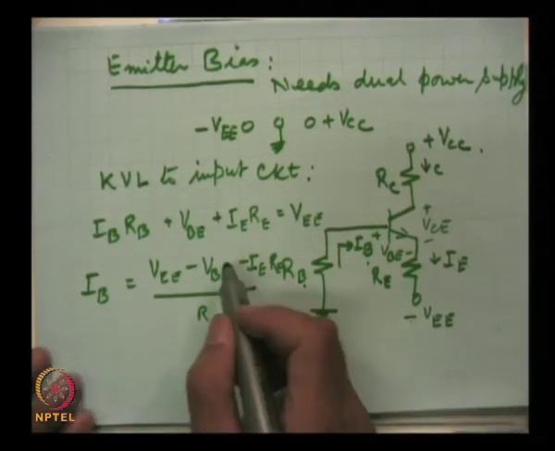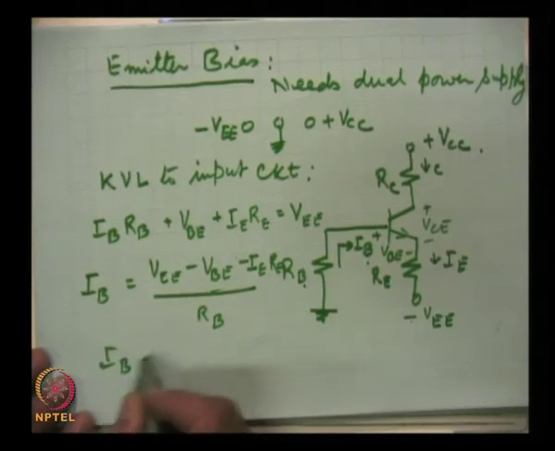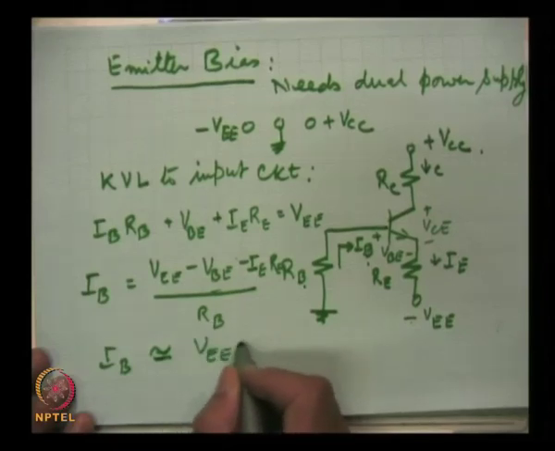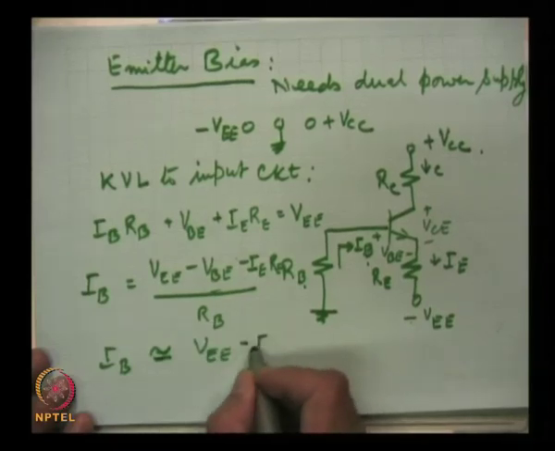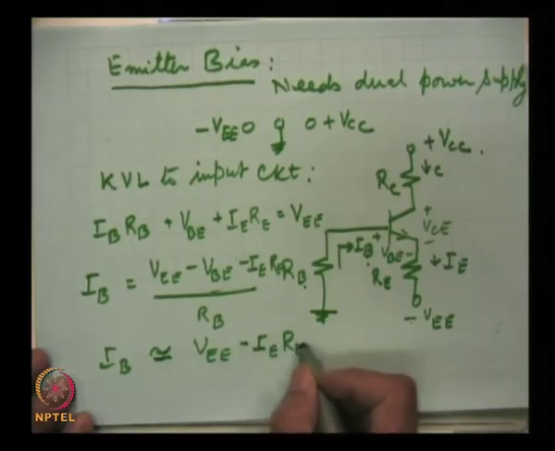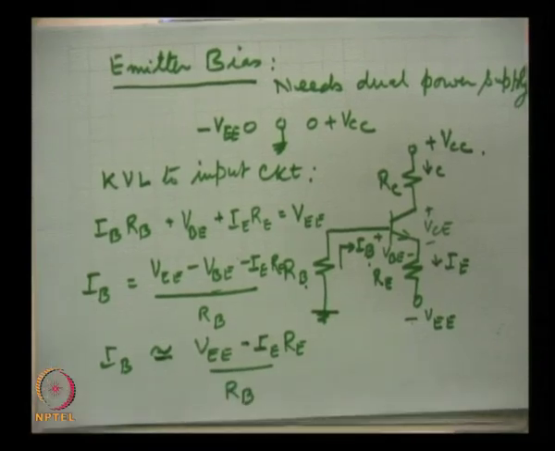Now, from here if we neglect this voltage which is small, then IB becomes almost equal to VEE minus IE RE by RB.